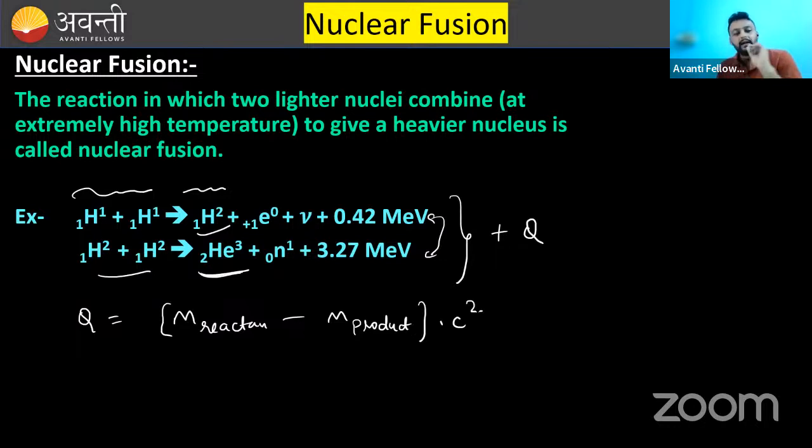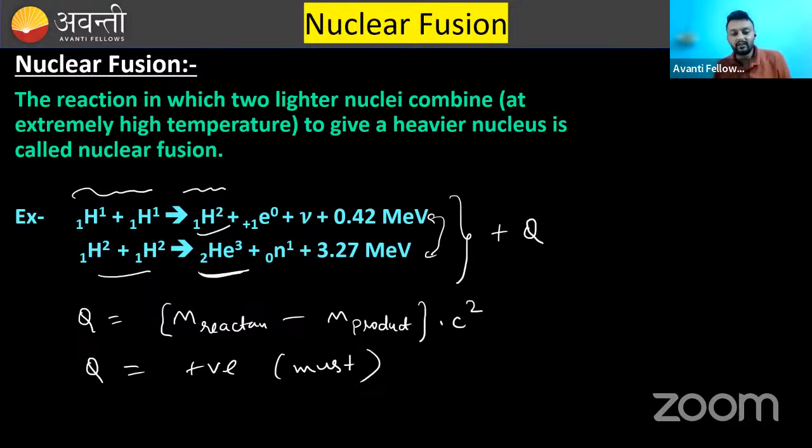Another thing, for a fission or fusion reaction to be correct, I have mentioned a fusion reaction for you, and I mentioned a fission reaction in the previous slide. So for a fusion or fission reaction to be correct, this Q value must come out to be positive. It is a must that Q value is positive.